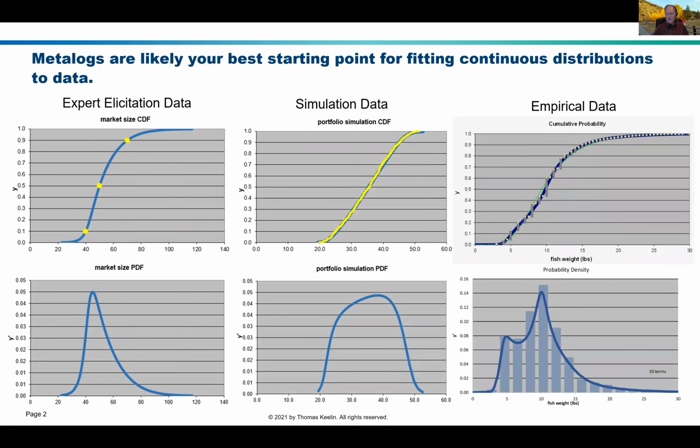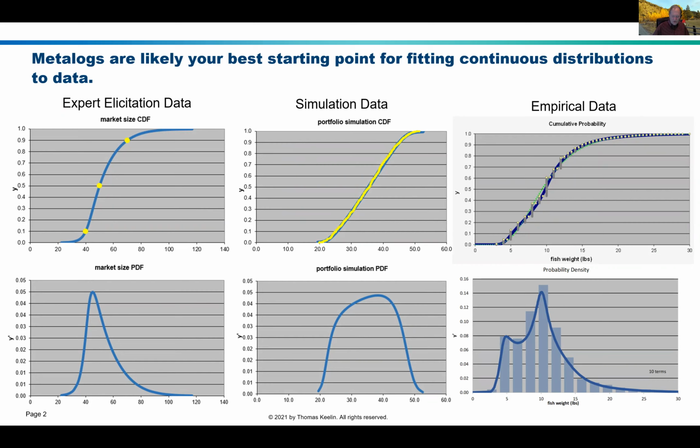The third category is empirical data. If you have empirical data from any source, you'd often want to use a Metalog rather than classical distributions to fit that empirical data, again, because it's more flexible and frankly easier to fit.